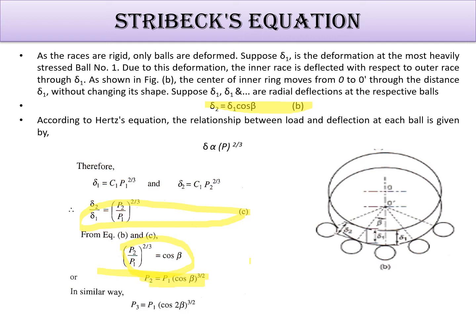Now if we put all this in equation A, we get C0 is equal to P1 plus 2 times P1 cos beta to the power 3 by 2 plus 2 times P1 cos 2 beta to the power 3 by 2, and so on.